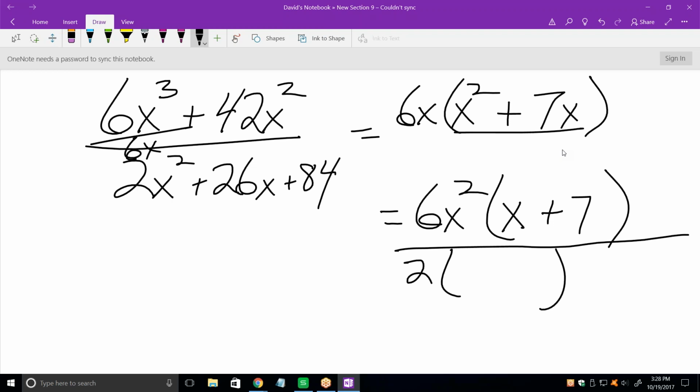What's left when I factor the 2 out? X squared, plus 13x, plus 42. Now immediately we can see that 6 over 2 becomes 3.